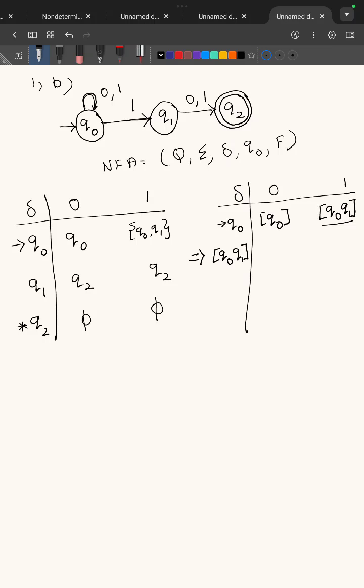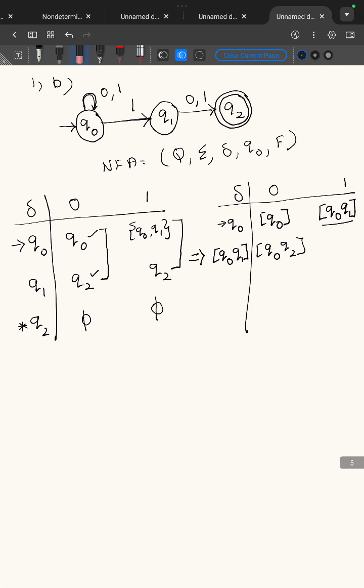Q0 Q1 on 0: Q0 on 0 is going to Q0, and Q1 on 0 is going to Q2. So we combine the transitions of Q0 and Q1 on 0, and similarly for 1.